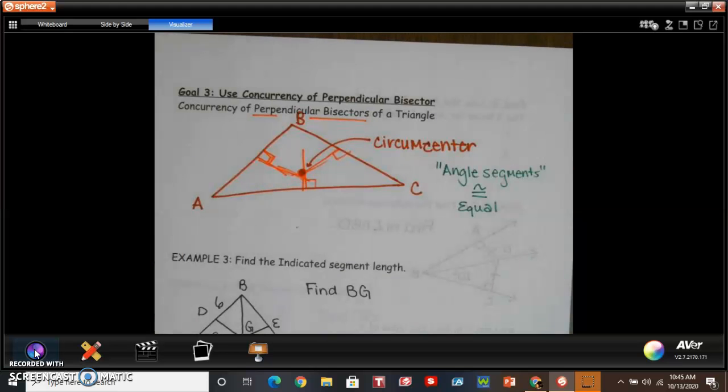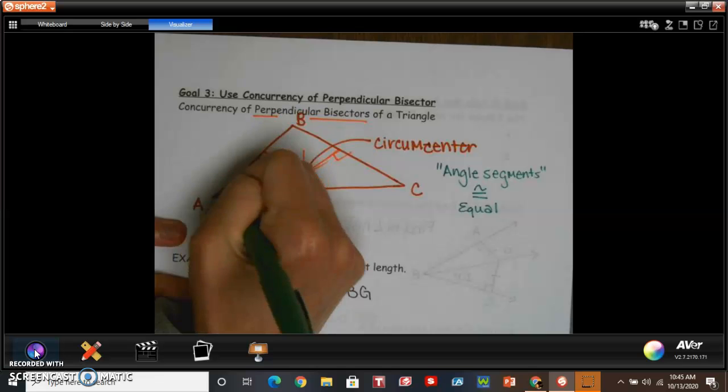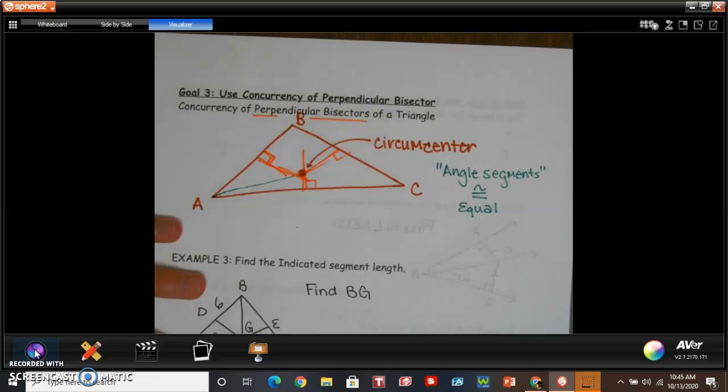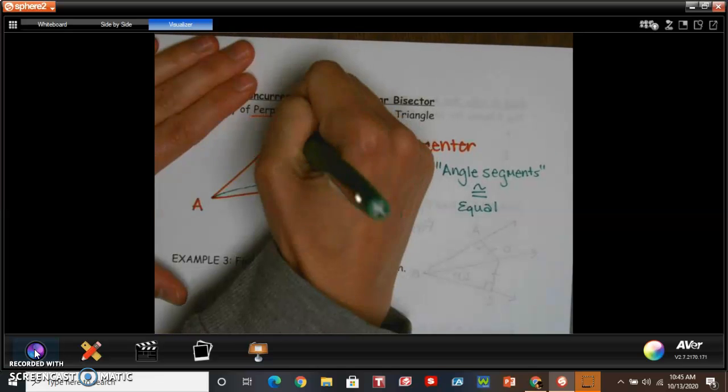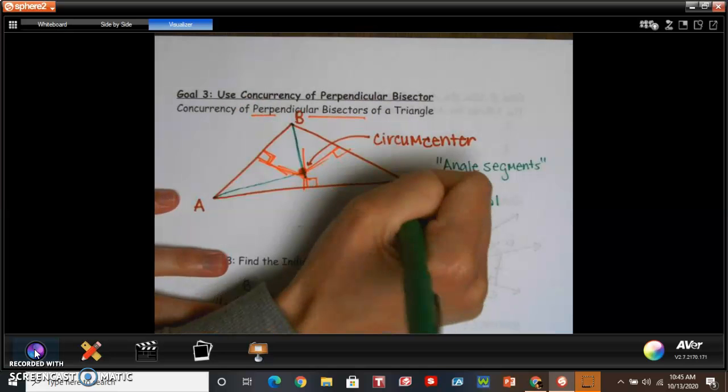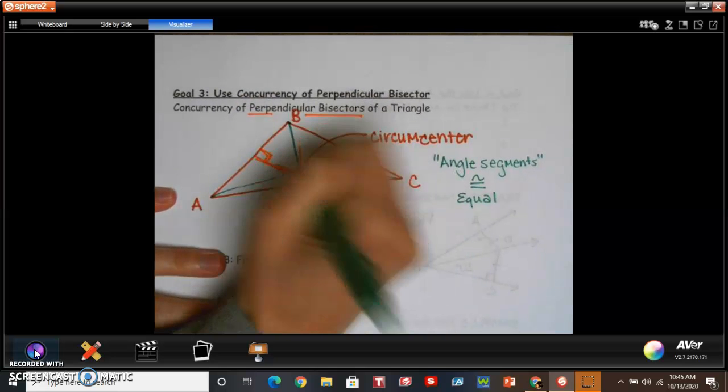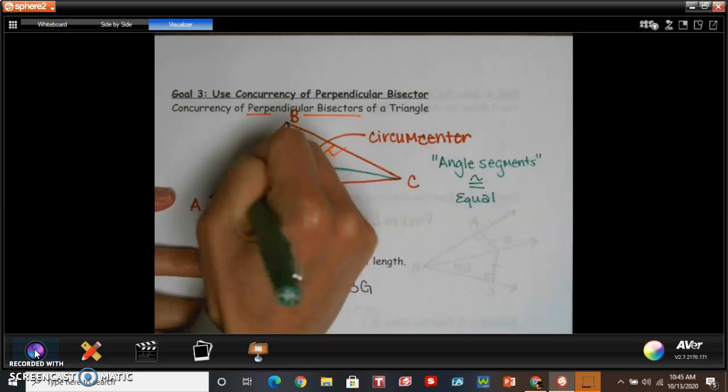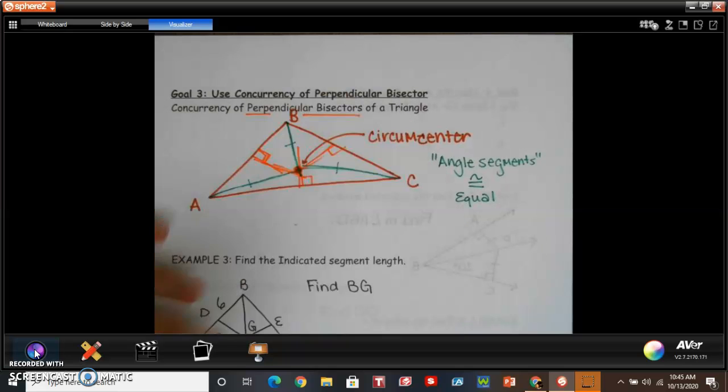So all of these green lines are going to be equal. So an angle segment goes from the angle to our point of concurrency, our circumcenter. All of these are the same. Boom, boom, boom. So we're dealing with a circumcenter, okay? The angle segments are equal. So if we're dealing with a circumcenter, angle segments are equal.